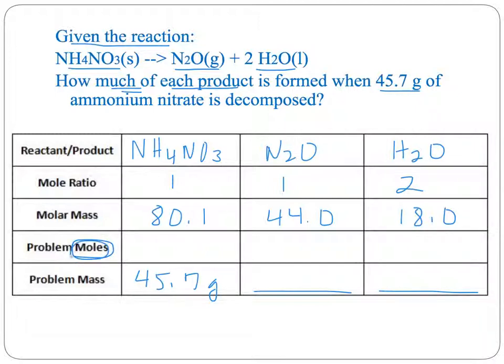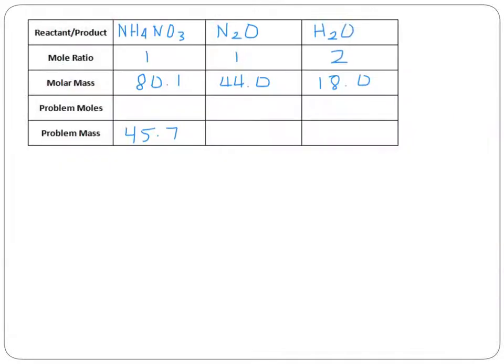And remember, you cannot go from mass to mass. That way is blocked. That is not the way to go. You always have to go through moles. So we need to figure out how many moles are there for each of these reactants and products.